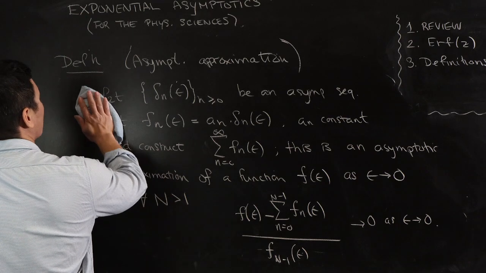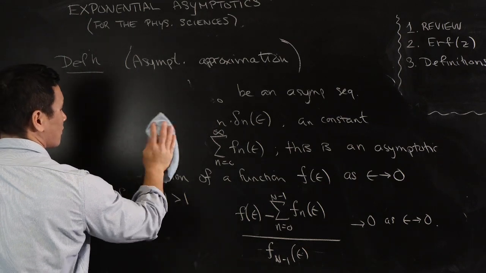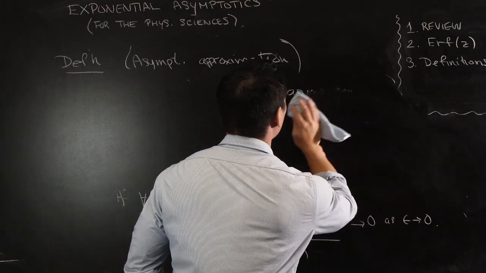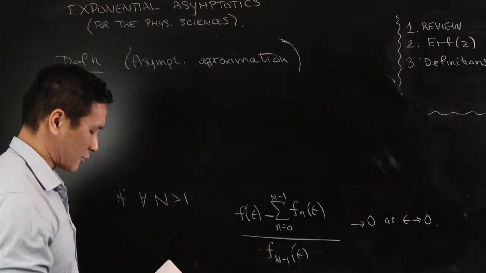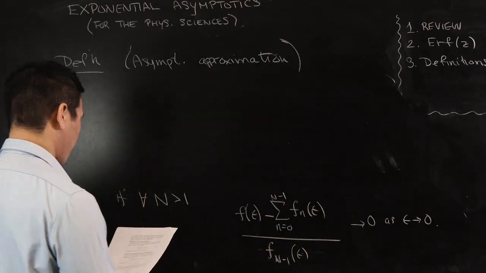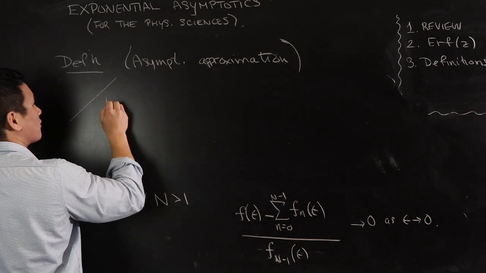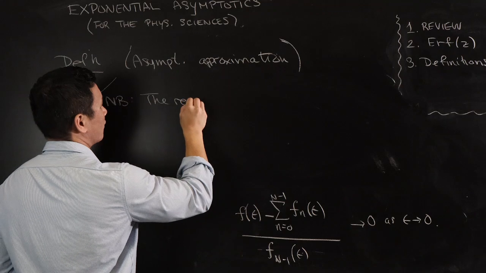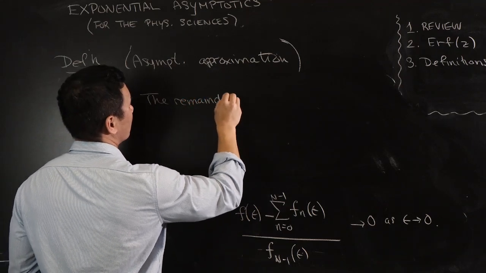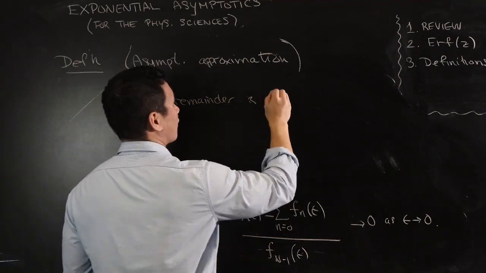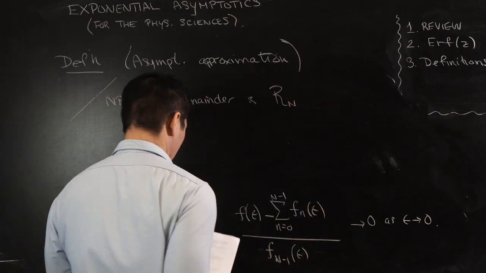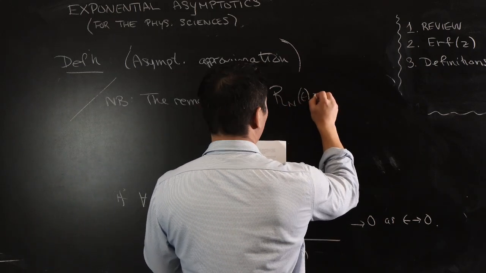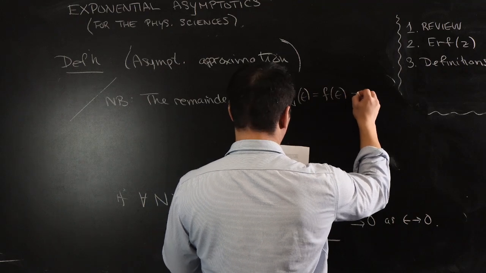If I write that in words, it's an asymptotic approximation if, as a note, the remainder, which I've called R n of x here, is this thing here.